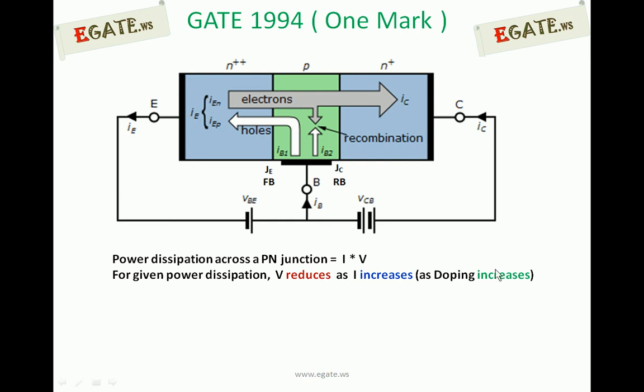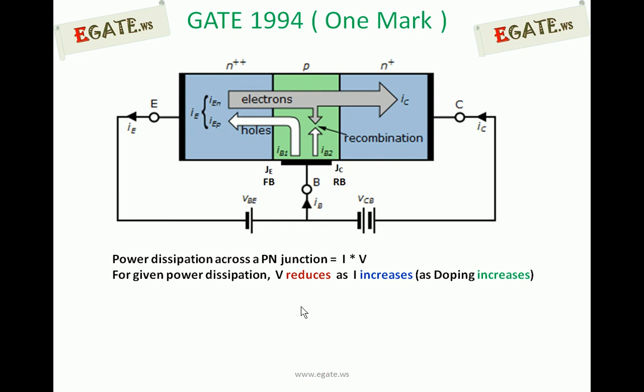Current increasing is nothing but doping concentration increasing. That is, by increasing the doping concentration, the given power dissipation occurs for smaller values of voltage across the diode.